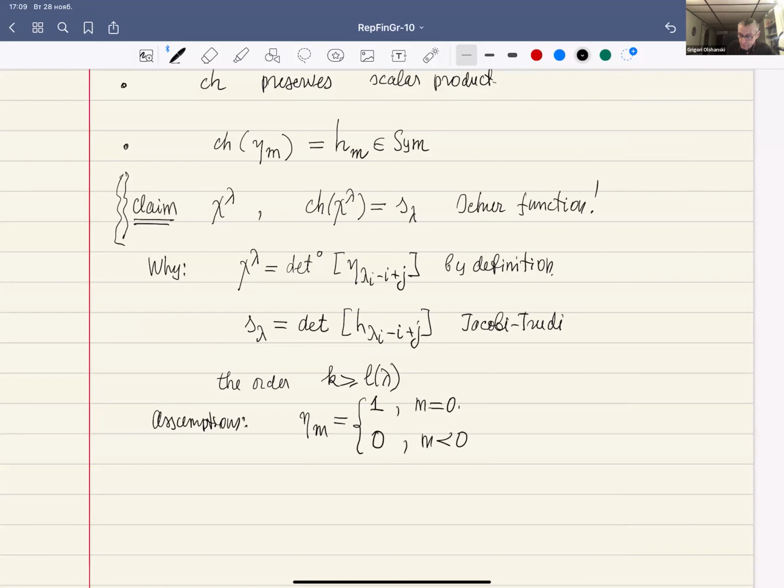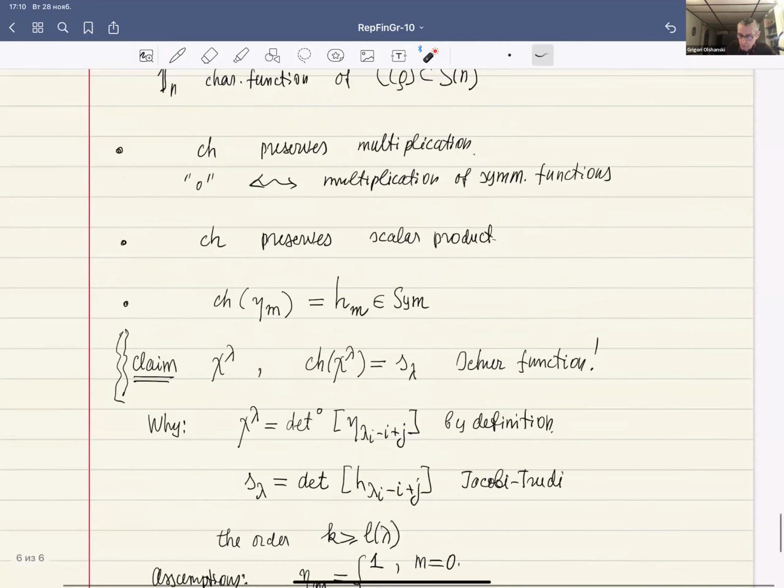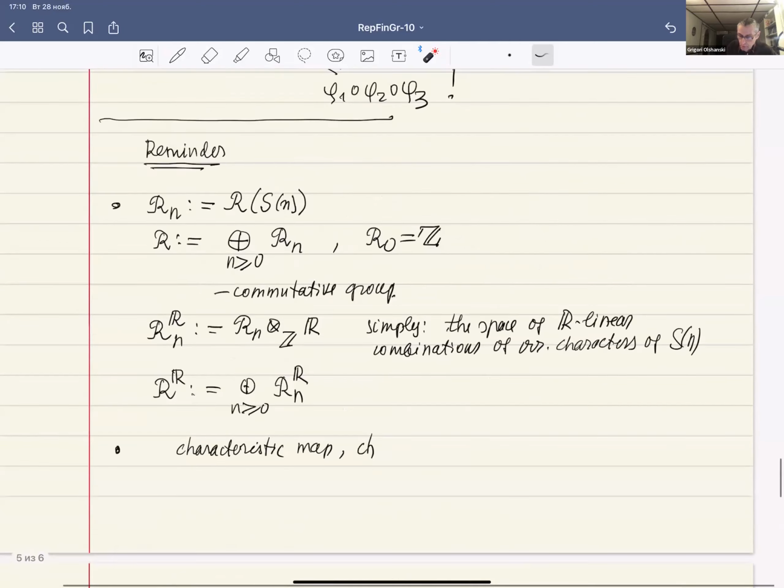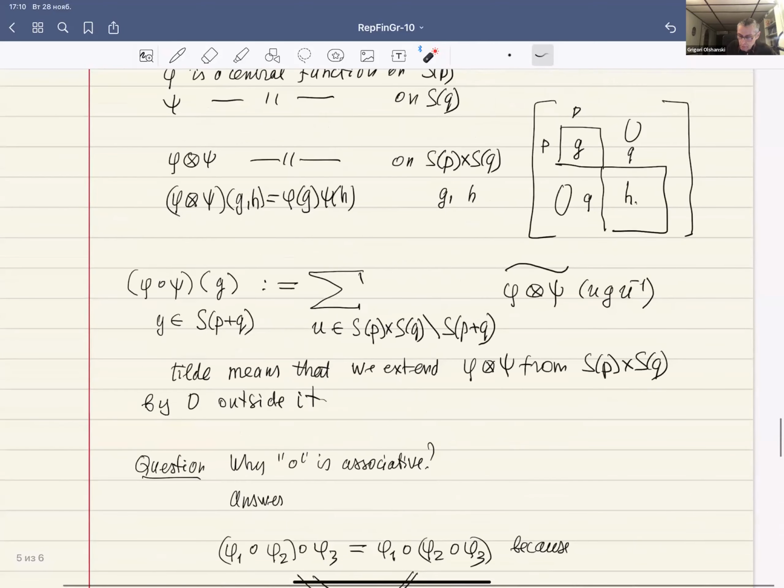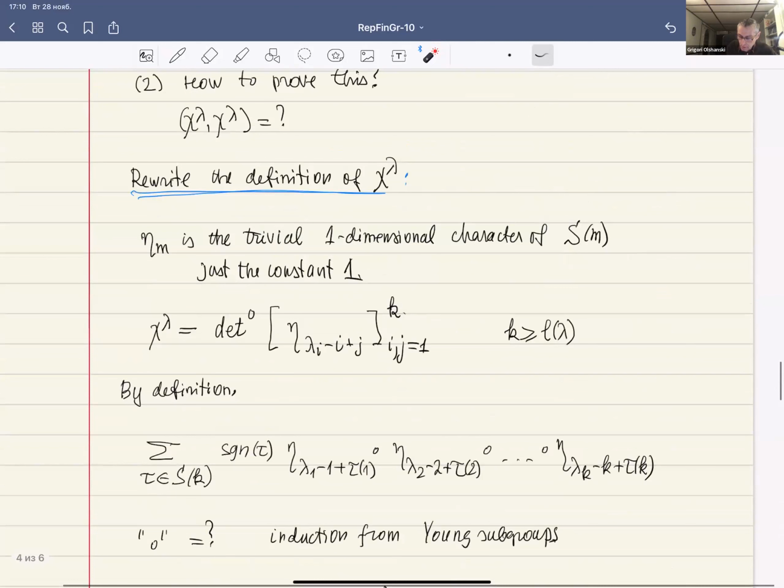So if such a number is equal to 0, we can simply neglect the corresponding term; you can just drop it.